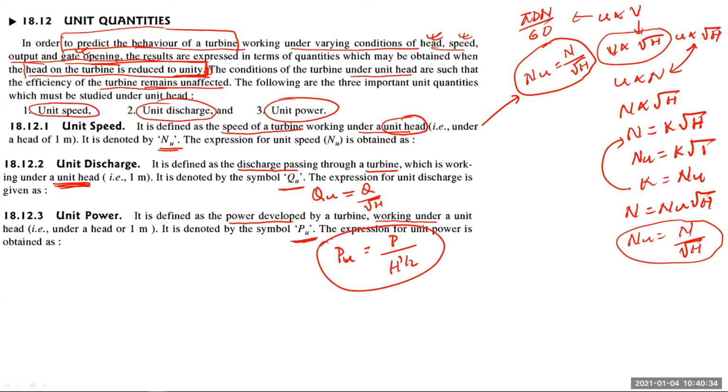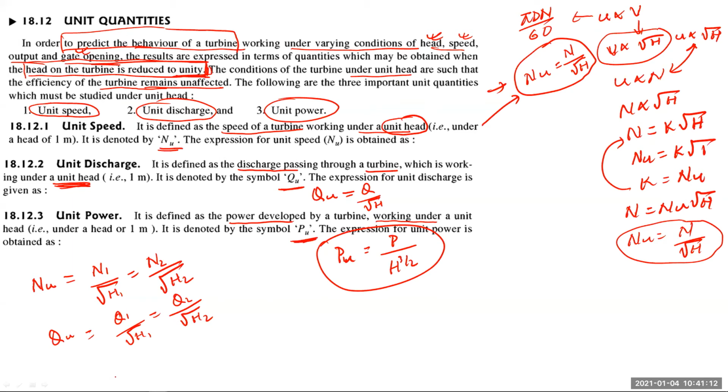So from here you are getting three equations that you have to remember for solving the numerical, if it is asked from this topic. Nu equals N1 upon root H1, that I have written here, equals N2 upon root under H2. Second, we have seen Qu equals Q1 upon root H1 equals Q2 upon root H2.